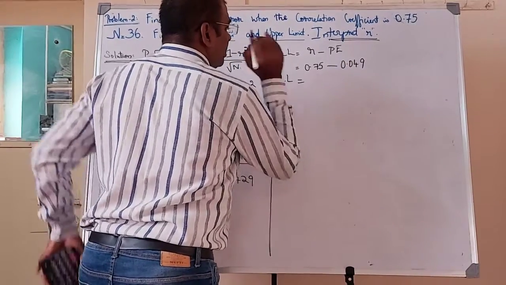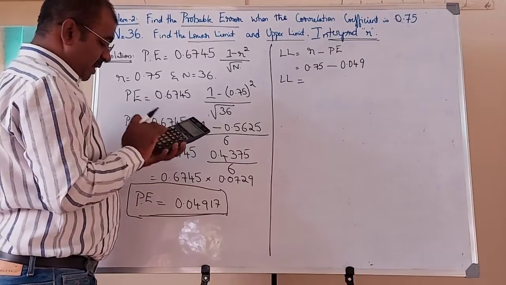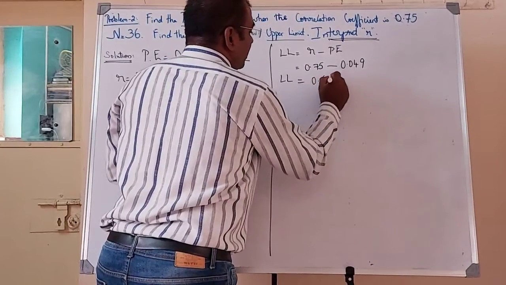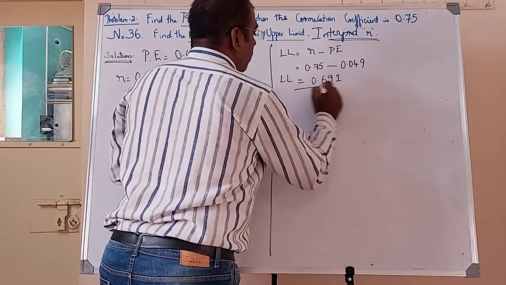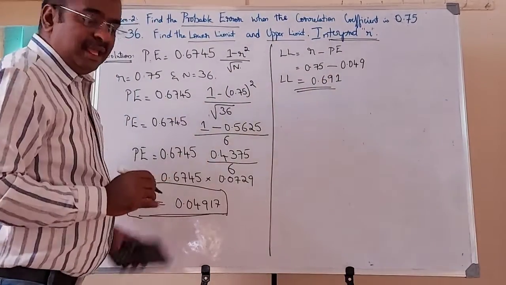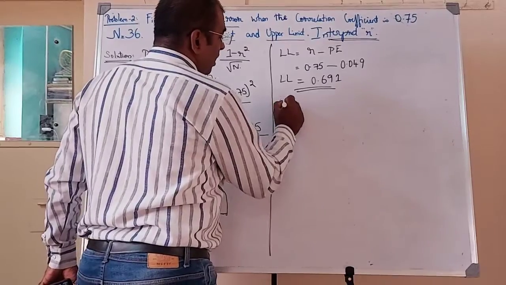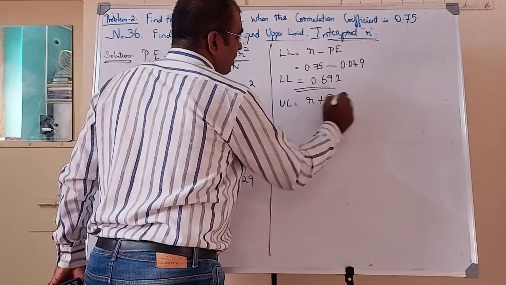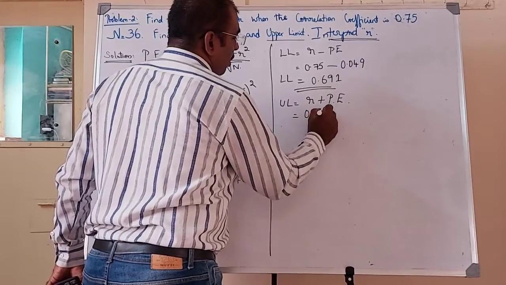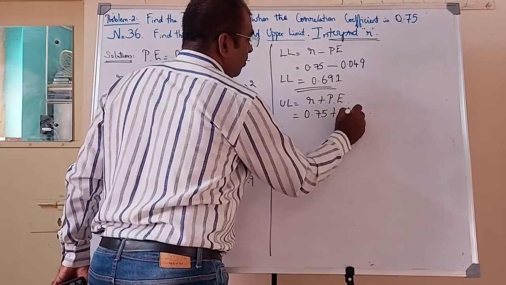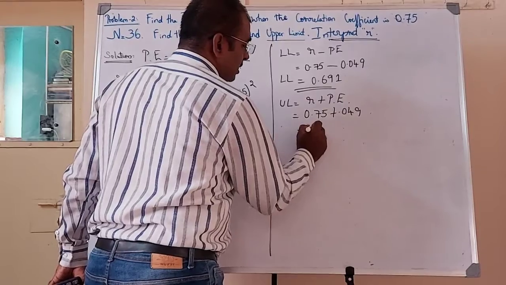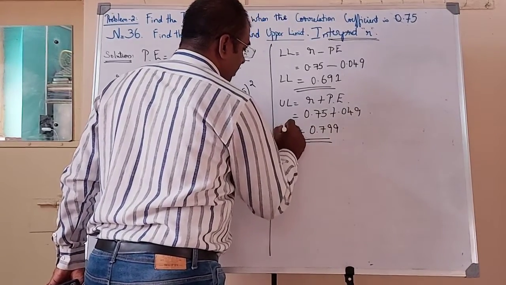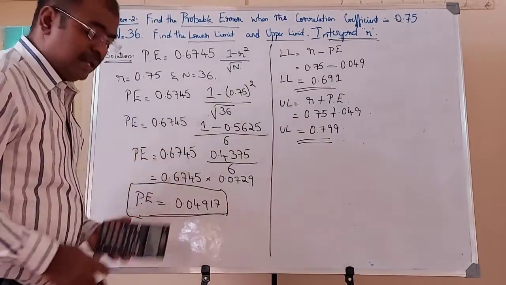Therefore, the lower limit is equal to 0.75 minus 0.049, which is 0.691. And similarly, let's find out the upper limit, R plus probable error, that is equal to 0.75 plus 0.049, that is equal to 0.799. This is the upper limit.